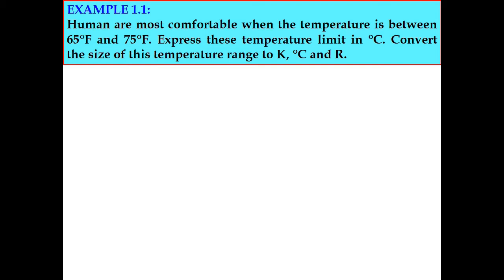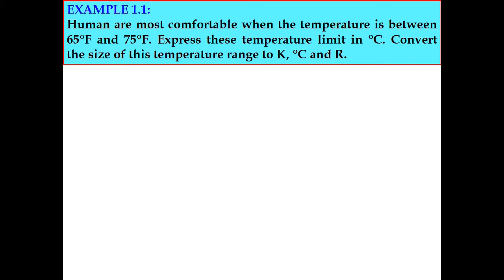We already learned the relationship between Kelvin and Celsius, and between Rankine and Fahrenheit. In this lecture note, I didn't provide the equation to convert degrees Celsius to Fahrenheit, so you need to find it yourself. Just search the internet for the formula to convert degrees Celsius to Fahrenheit or vice versa.